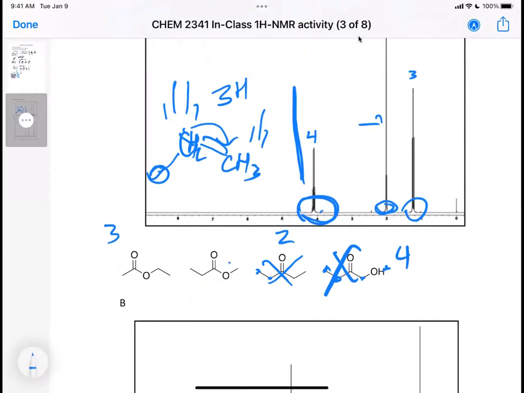So this one right here would be a singlet around 4 ppm. Okay, this one right here would be a quartet around 4 ppm. Okay, we have a quartet around 4 ppm. Therefore, it is the best choice. Does that make sense?